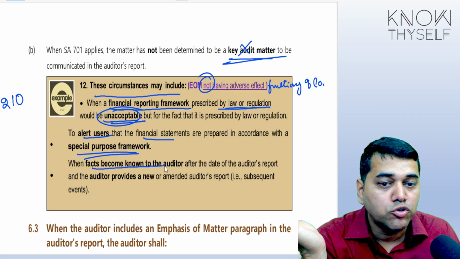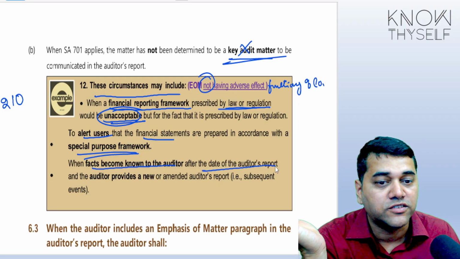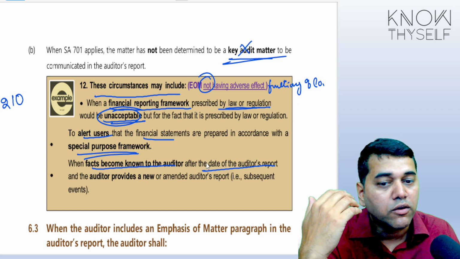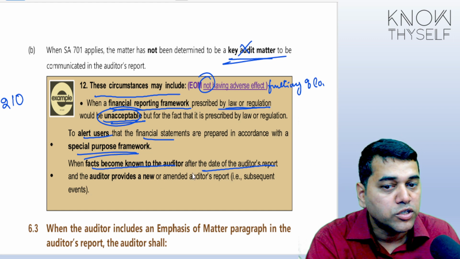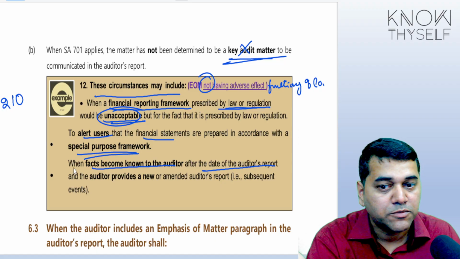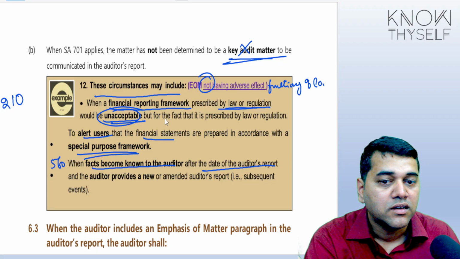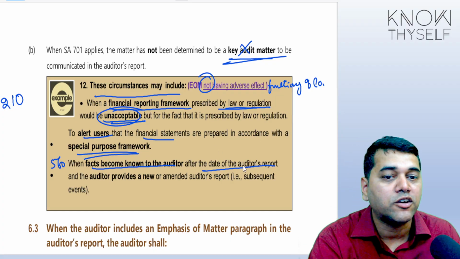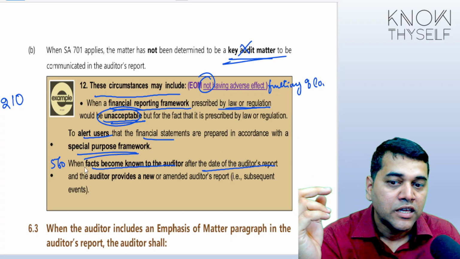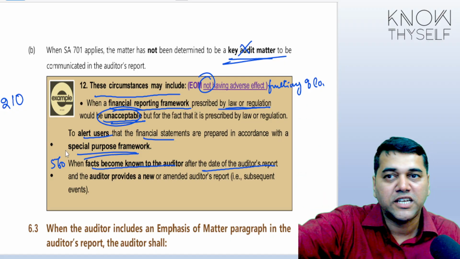When a fact becomes known to the auditor after the date of the auditor's report, as per SA 560, which we discussed, what do you ask first? You will ask the management to amend.